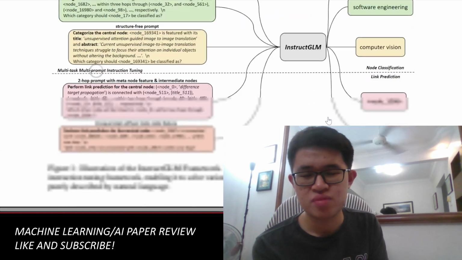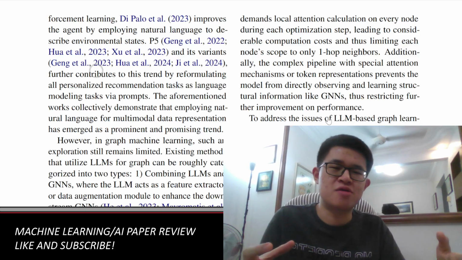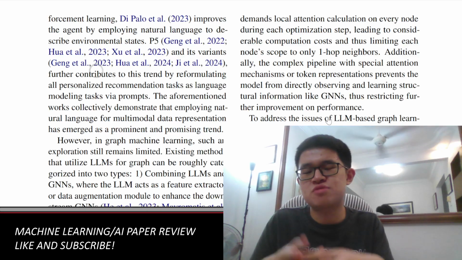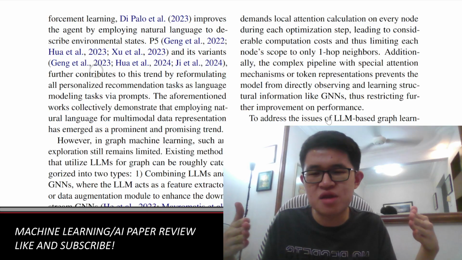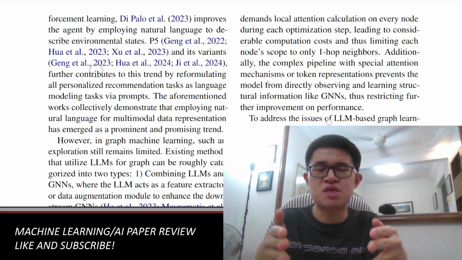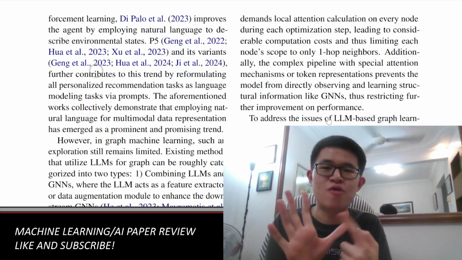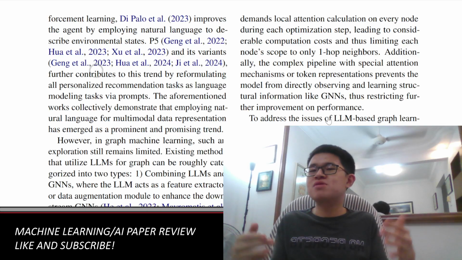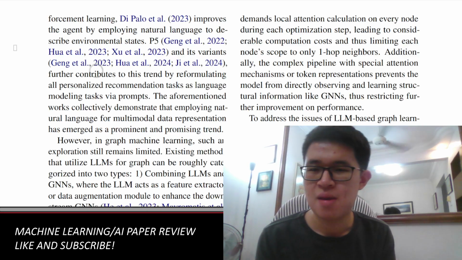So basically it's talking about how you used to have specialized architectures for different tasks, and now everything is converging into just using LLMs, even for images, text, audio, videos, and now graphs. Everything is converging into a single architecture, essentially.